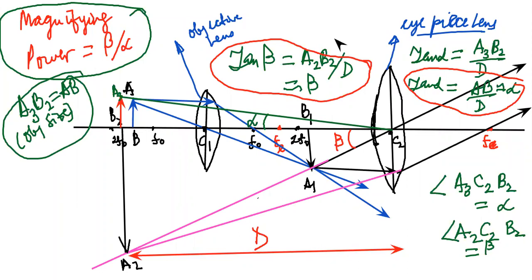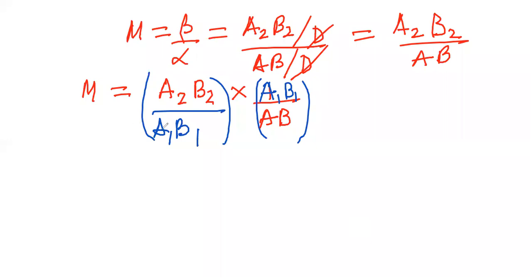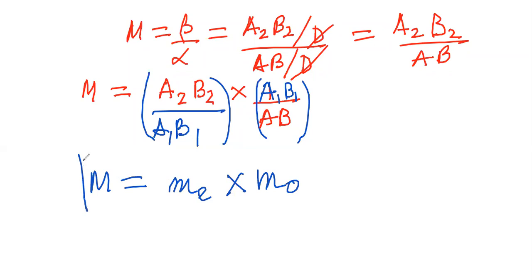Because you know that magnification is equal to the size of the image divided by the size of the object. So this will be the magnification of the eyepiece, because A2 B2 is the final image formed by the eyepiece and A1 B1 was the object for the eyepiece, into MO, that is magnification of the objective.